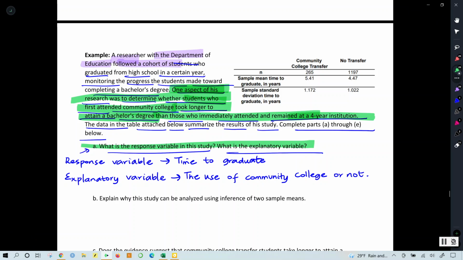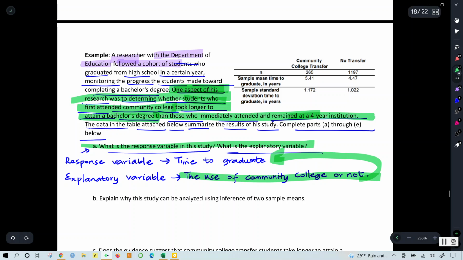In other words, this researcher is interested in if the use of a community college or not impacts the time to graduation of the students. So the explanatory variable is the use of community college or not. We want to see if a student's use of a community college or not has any information to explain how long it takes to graduate.